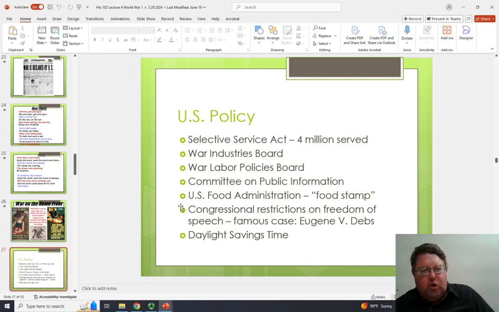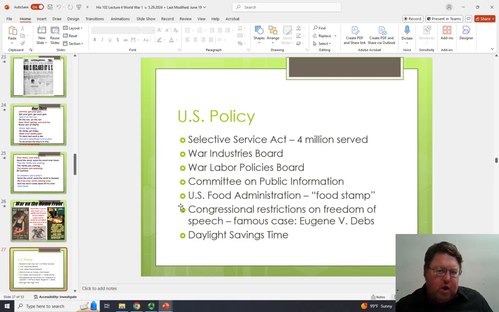Committee on Public Information, that's a big one. Restrictions on freedom of speech. Committee on Public Information, we call it propaganda. The U.S. government is trying to shape the media, trying to control the media, and the media going along with it. Daylight savings time, and there are some others.